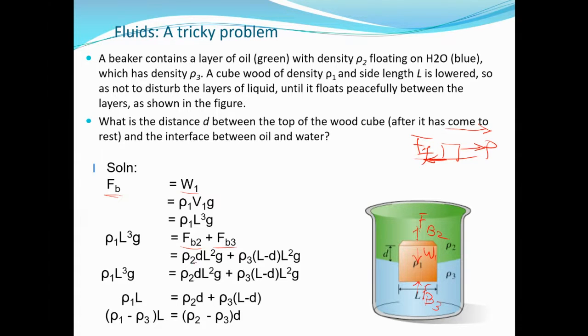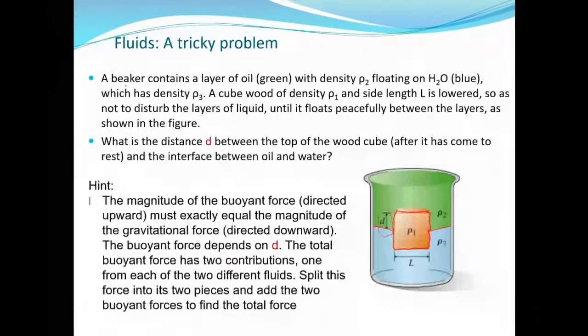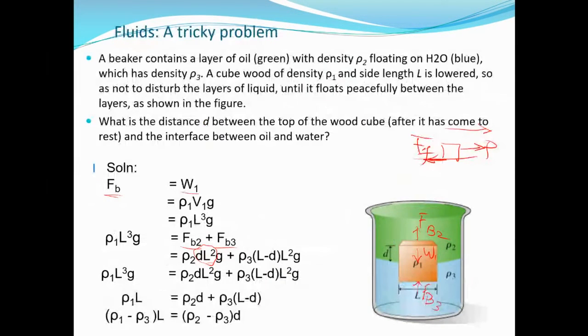The density times g times DL² for FB2, where DL² is the submerged volume. Because we have a cube of wood in which each length is L, the cross-sectional area is L squared, times D, the depth to which the wood is submerged in the oil.